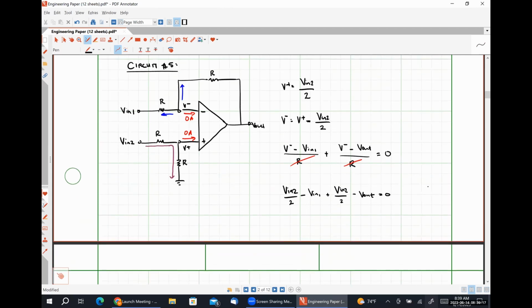Adding our like terms together, we have VN2 over 2 plus VN2 over 2 just gives us VN2, minus VN1 will be equal to V out, and this is our relationship.